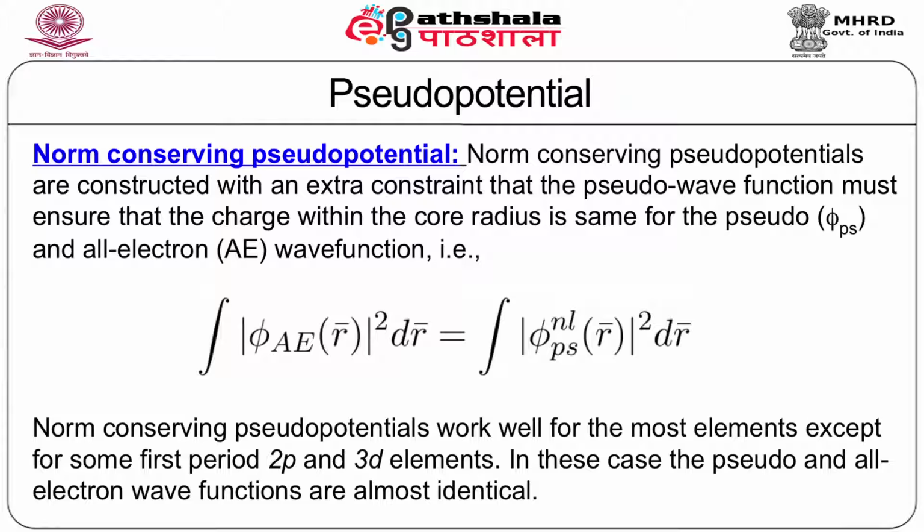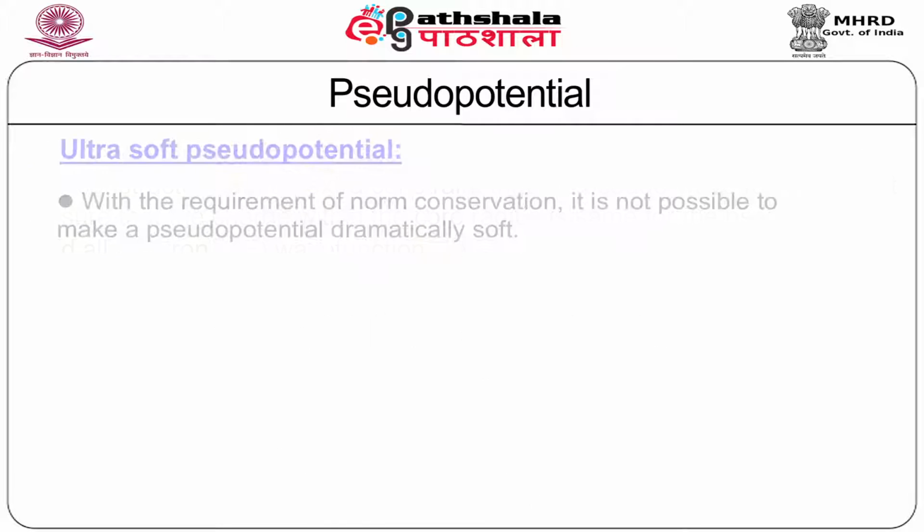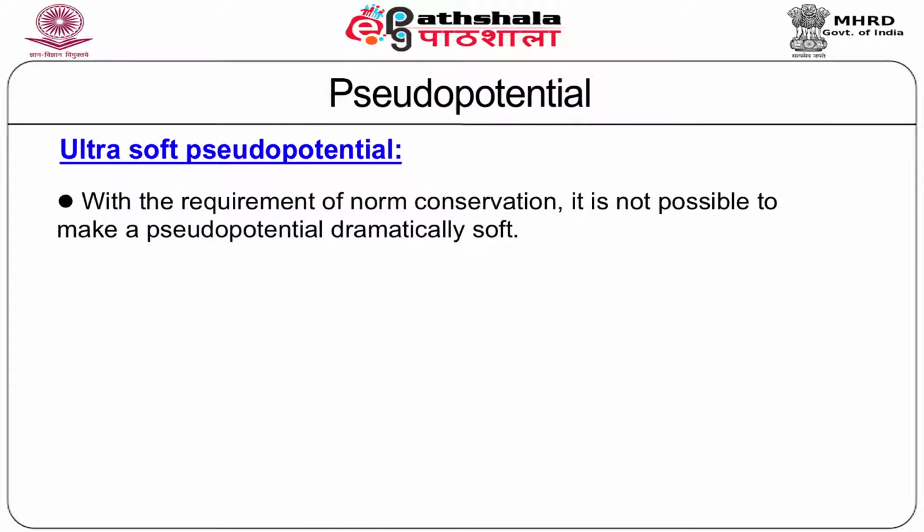Norm-conserving pseudopotentials work well for most elements except for some first period, 2p and 3d elements. In these cases, the pseudo and all-electron wave functions are almost identical. With the requirement of norm conservation, it is not possible to make a pseudopotential dramatically soft, and this leads to the concept of ultra-soft pseudopotential.